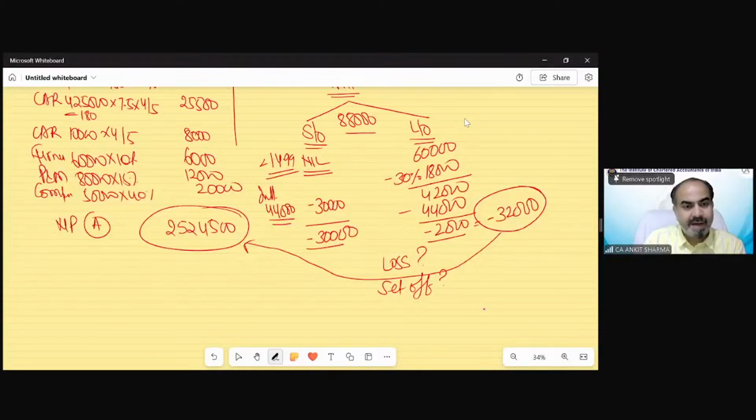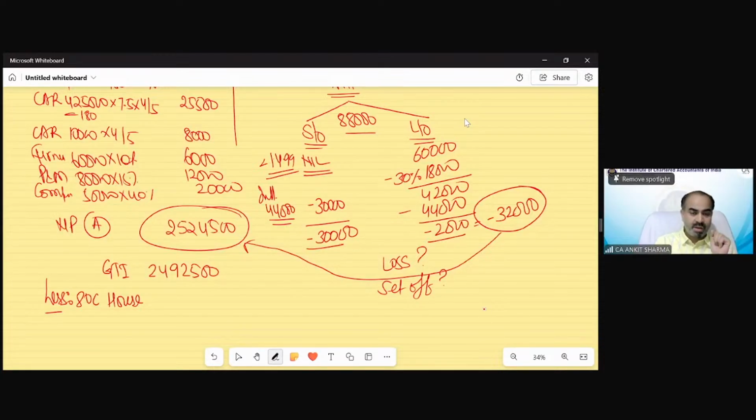So, technically, after this, my GTI would be 2492500. Now, the deduction part. Under 80C, house loan repayment: I have shown you that it was 1,88,000, out of which we claimed 88,000 as interest, and 1 lakh can be claimed as repayment of the housing loan.